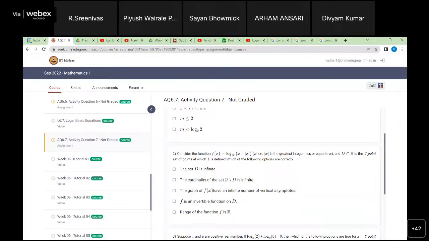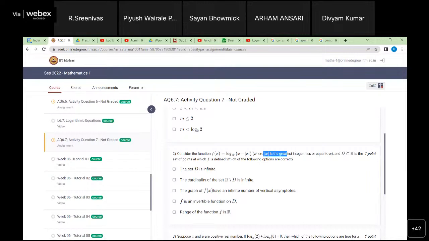So there is a subset D, which is the set of points at which f is defined. Okay, what is the greatest integer first? What is the greatest integer function?